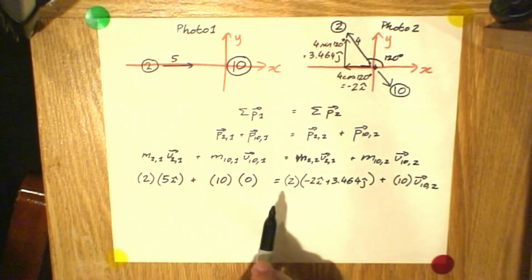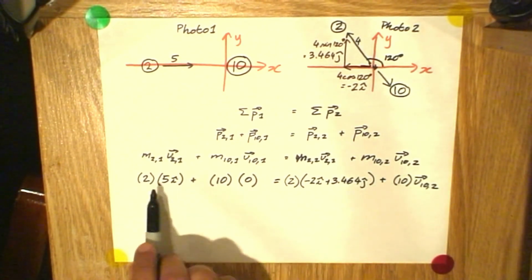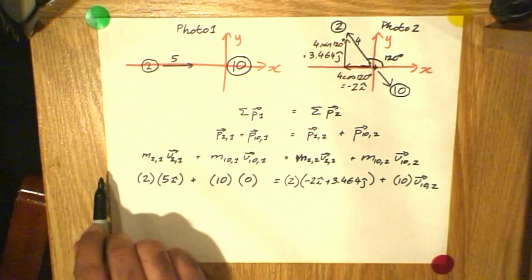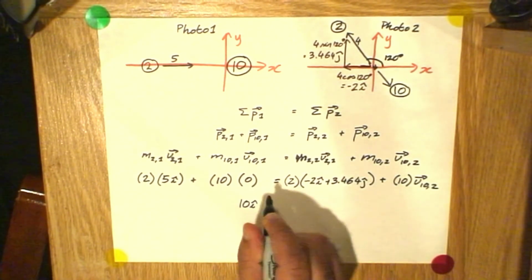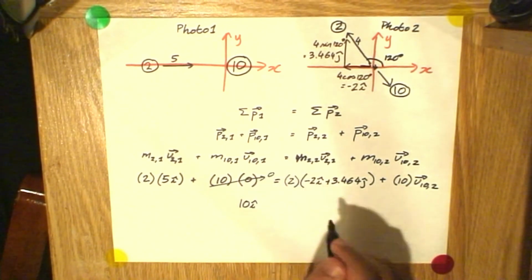Now, let's simplify everything. 10 times 0 is 0, and 2 times 5 is 10. So this entire momentum on the left side boils down to just 10 i hat, as this term cancels out.